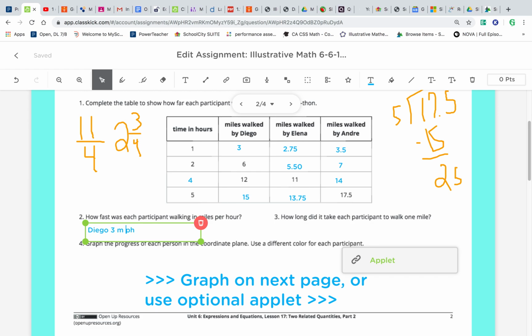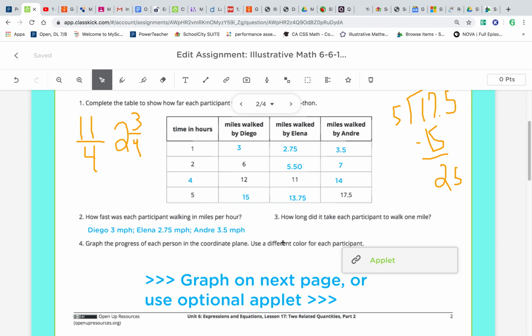I'm going to call that mph. And then for Elena, how many miles did she go in 1 hour? It was 2.75. 2.75 mph. And Andre, well, we can see here 3.5 mph.